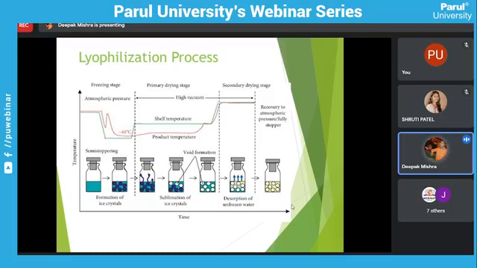After that, the stopper is inserted inside the lyo vial, completely stoppered, and then sealed. So this is the whole process inside the lyophilizer.